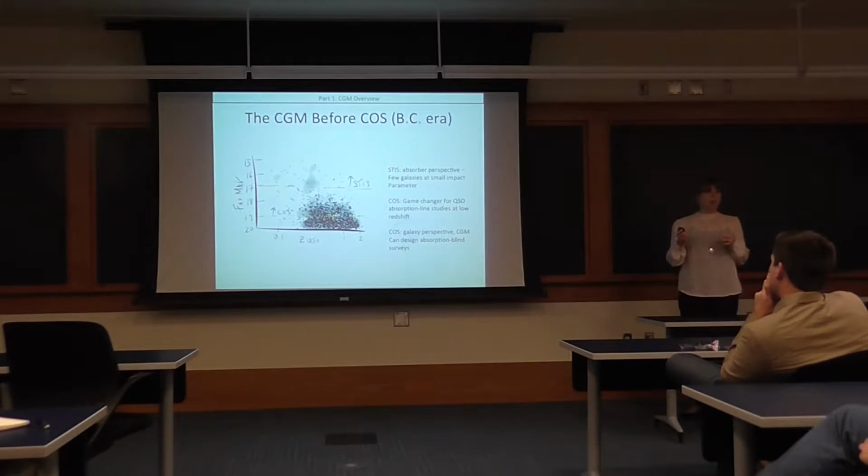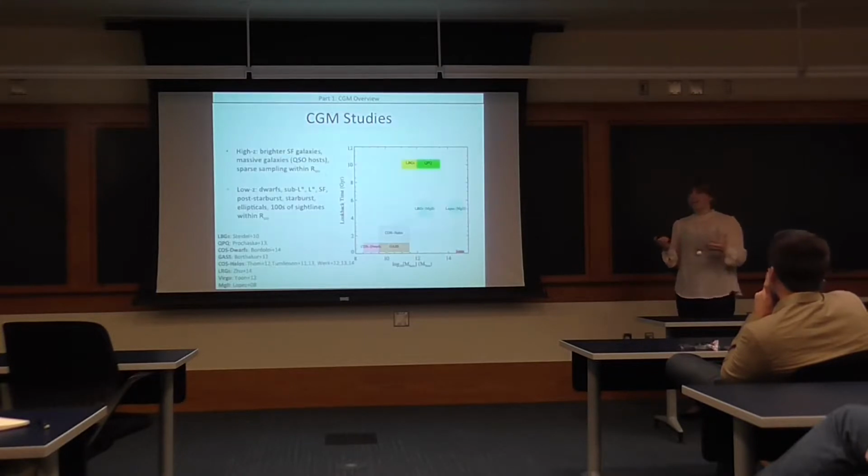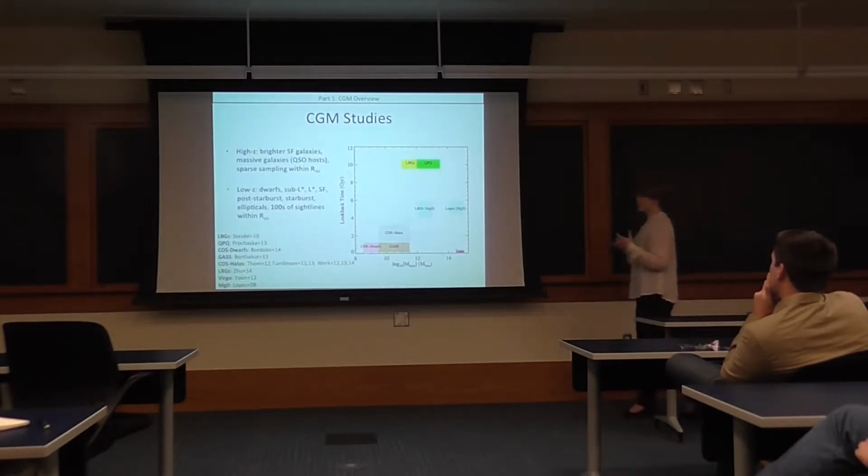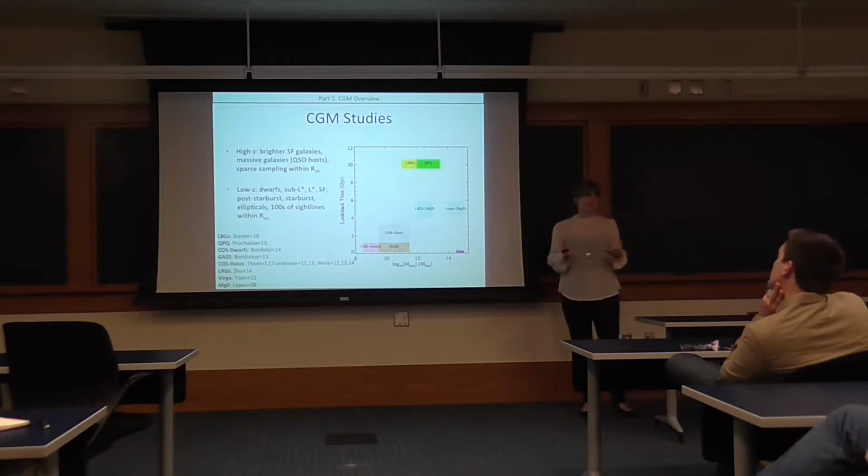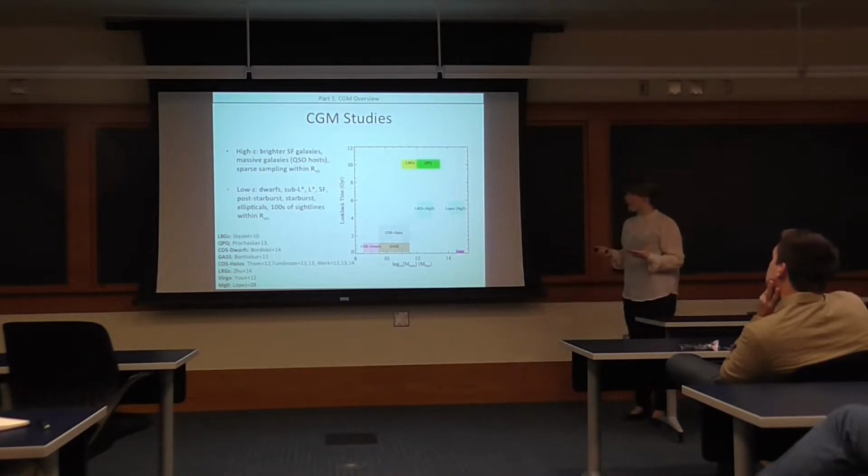I don't want to bias you that COS-Halos, the survey that I'm going to talk about, is the only circumgalactic study out there. There are others at high redshift: luminous blue galaxies, Lyman break galaxies, quasars paired with quasars, and luminous red galaxies.